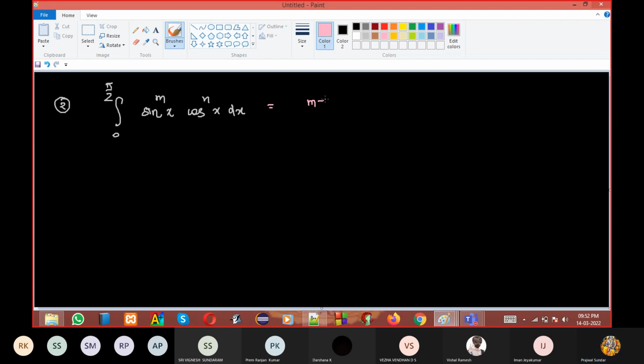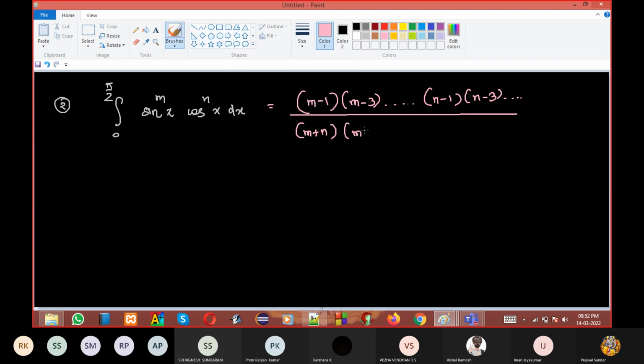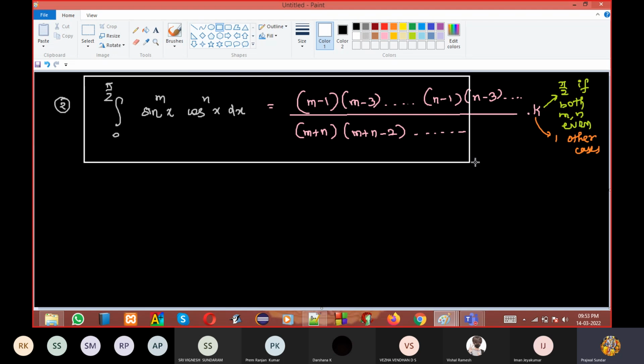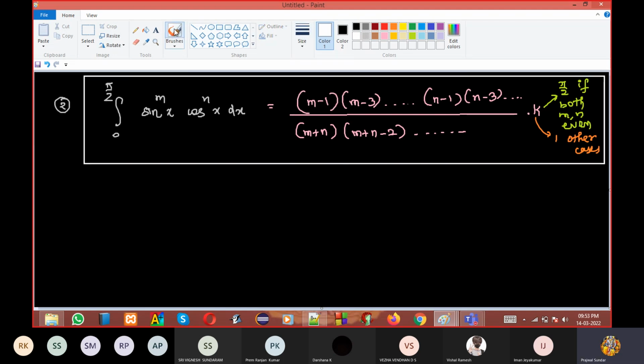You will have m minus 1 into m minus 3, then n minus 1 into n minus 3, divided by m plus n, m plus n minus 2, like that, into k. k is pi by 2 if both m, n are even, and it is 1 in other cases. This is the formula when you are having a mixture of sine and cos.